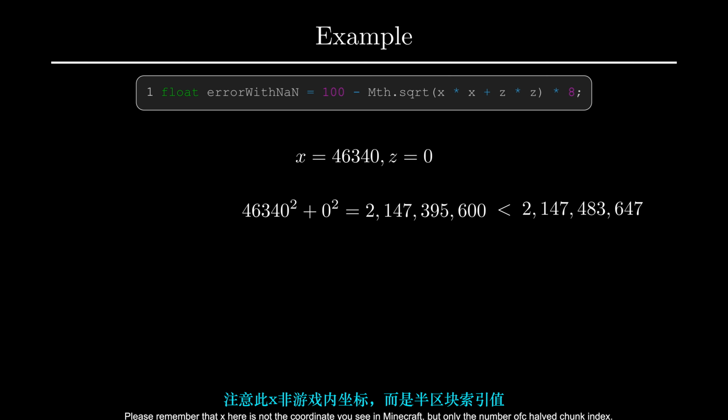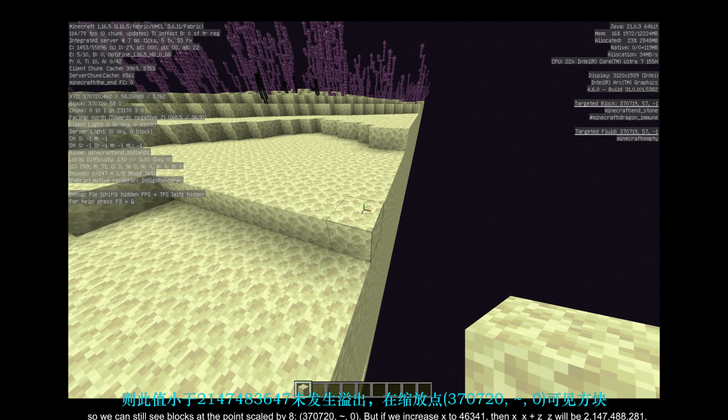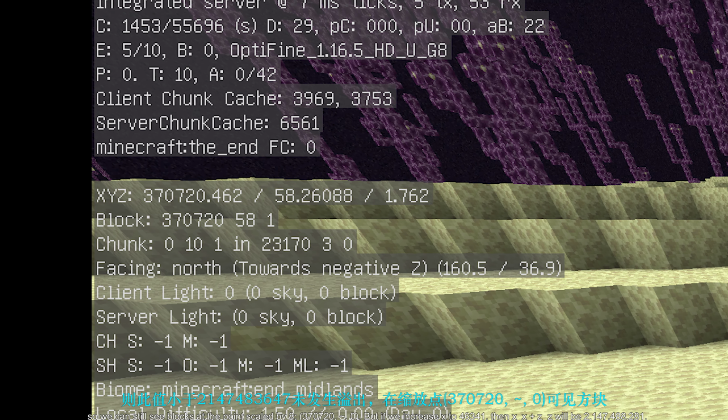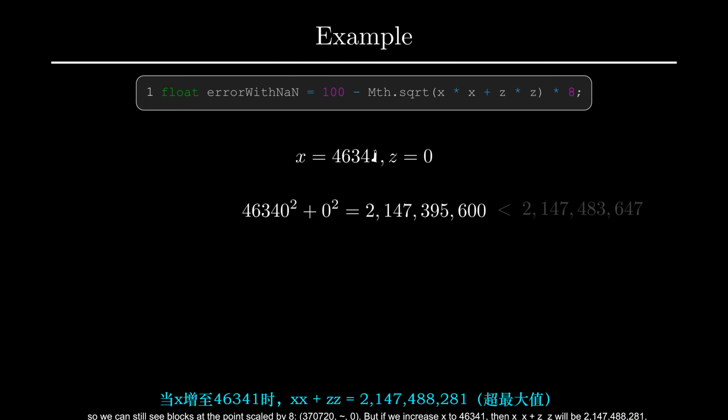Please remember that x here is not the coordinate you see in Minecraft, but only the half chunk index. Thus, we can still see blocks at the point scaled by 8, 370,720, y value 0. But if we increase x to 46,341, then x times x plus z times z will be 2,147,488,281, which exceeds the maximum value.